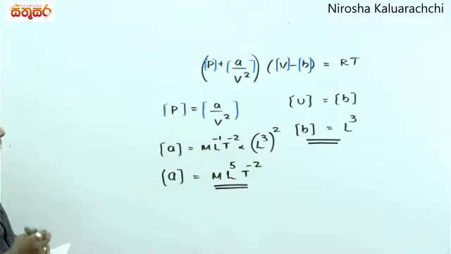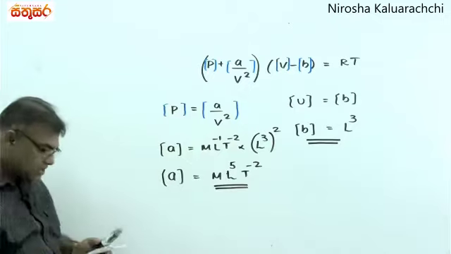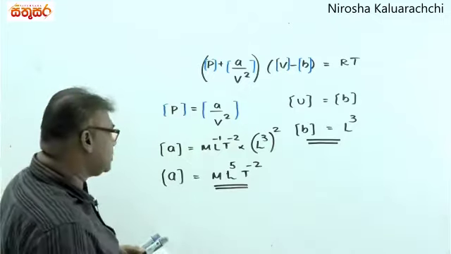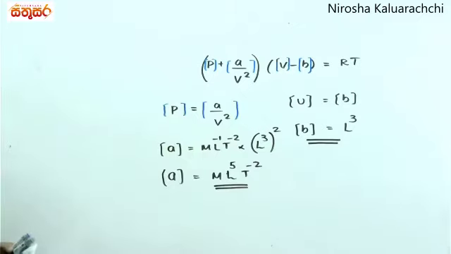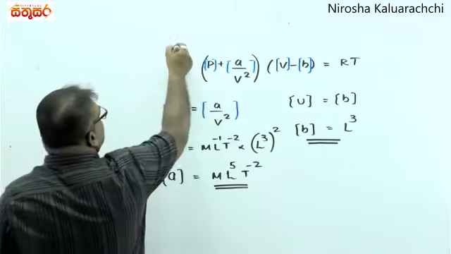These two are the dimensions of A and B. Can you complete now? Then the question number 1 answers are: B is L³, A is M L^5 T^-2, right? Okay. This one, question number 1.